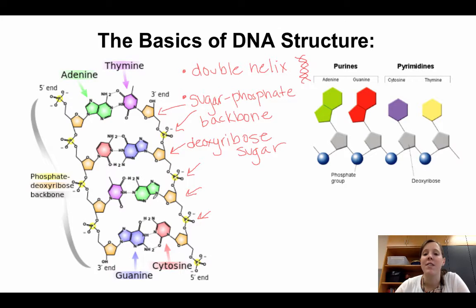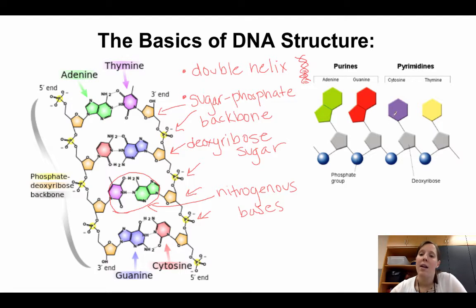And then in the center of the molecule, the rungs of the ladder, the steps of the twisted staircase, are those nitrogenous bases that Chargaff studied. So these are the nitrogenous bases. And again, there are four of them: adenine, or A, guanine, which we abbreviate with a G, cytosine, and thymine.